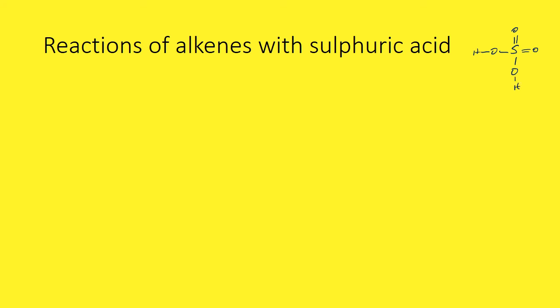So that's the H2SO4 formula. And the alkene that we can use, let's stick to ethene, because we don't want to complicate the mechanism with extra bits of the alkene molecule.